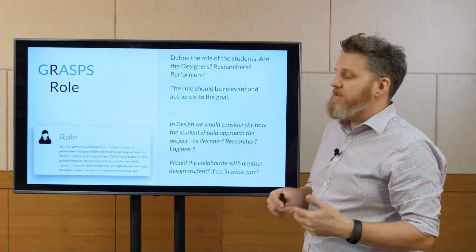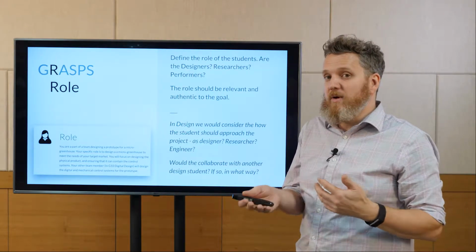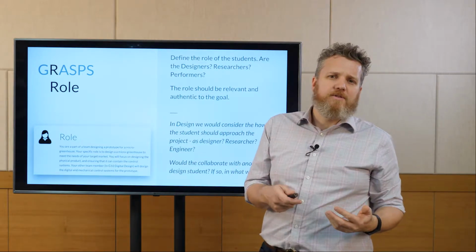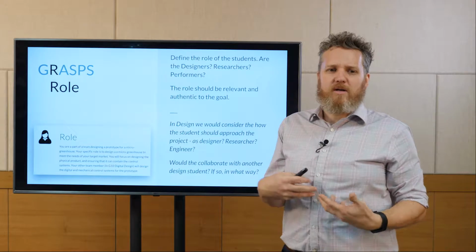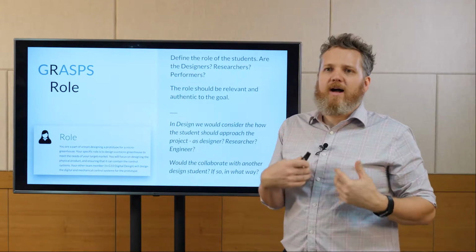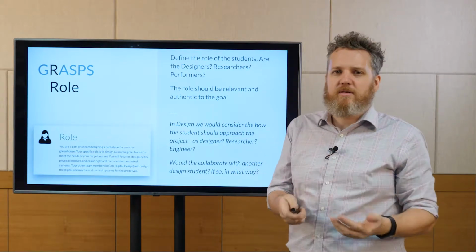And we also emphasize that because it's a team, you're actually going to have to collaborate as well. So this is important because by defining the role for the students, it becomes very clear what kind of persona, what kind of attitudes, what kind of profile they put on or take with them to the project.